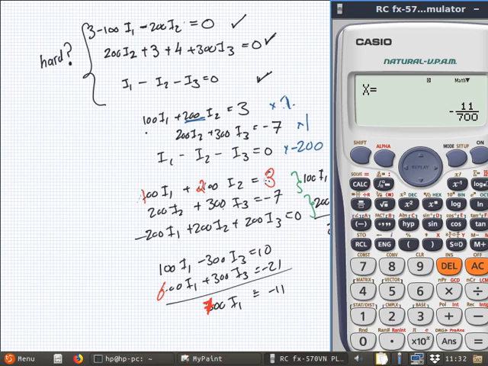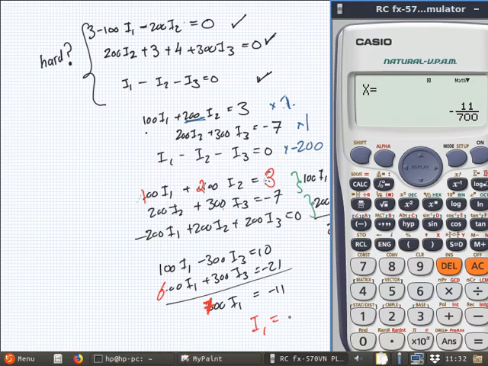Hey, my answer here is right, which makes me think my answer in the book is wrong. I wonder why nobody noticed that last year. So I'm right. Fantastic.